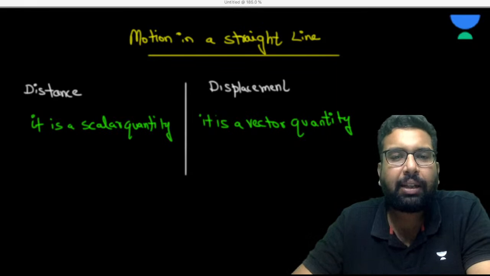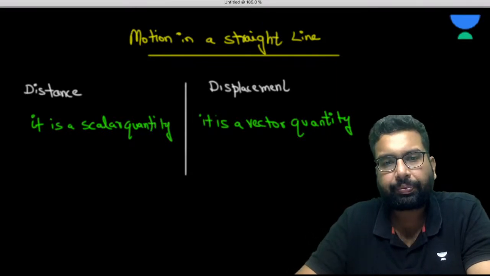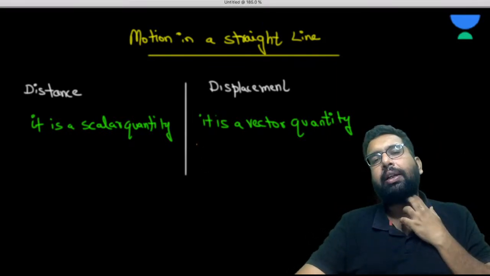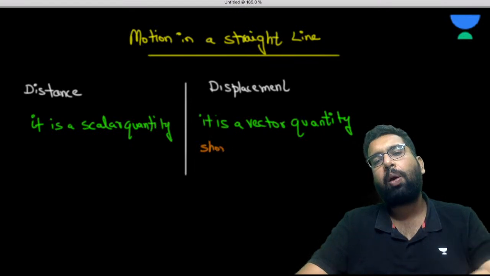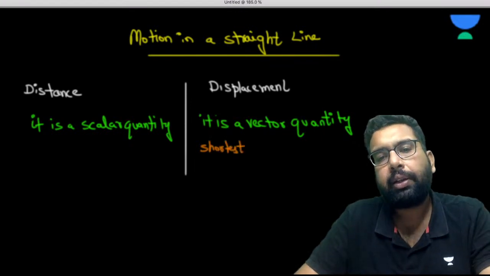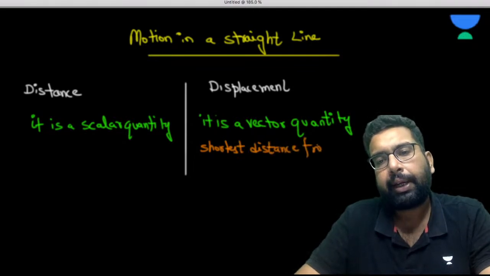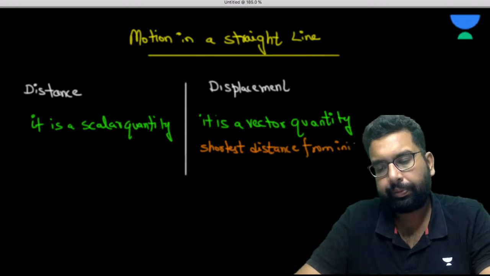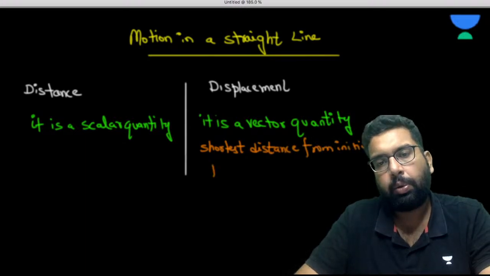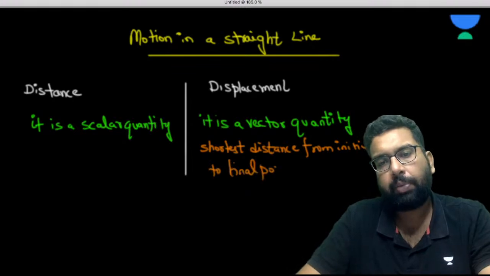Displacement is the shortest distance from the initial to the final position.